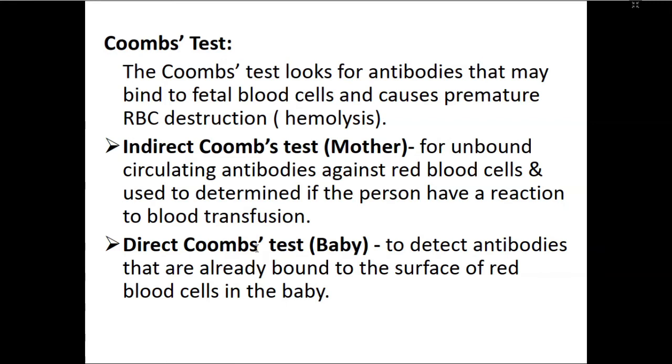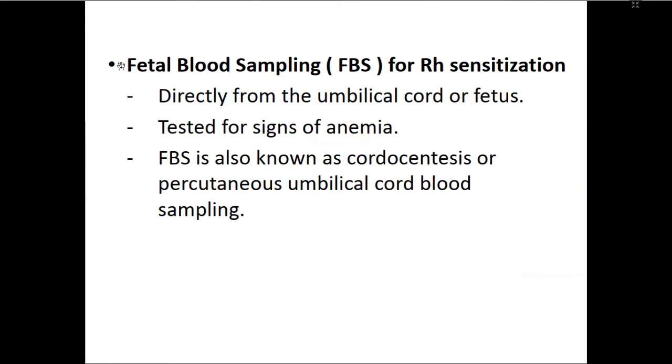Fetal blood sampling for RH directly from umbilical cord or fetus, tested for signs of anemia. FBS is also known as chordocentesis or percutaneous umbilical cord blood sampling. Basically, the blood in the umbilical cord is extracted and is studied for the RH sensitization.